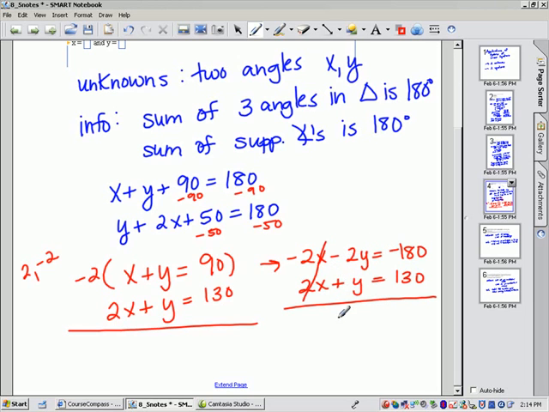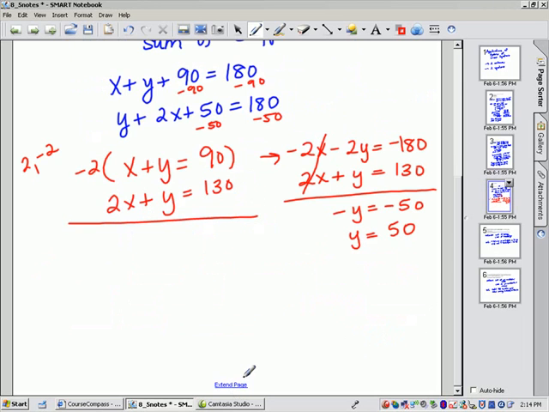Negative 2y plus y is negative y. Negative 180 and 130 is negative 50. So if we divide by negative 1, we get y is equal to 50. So if y is 50, we can plug back into either one of our equations.